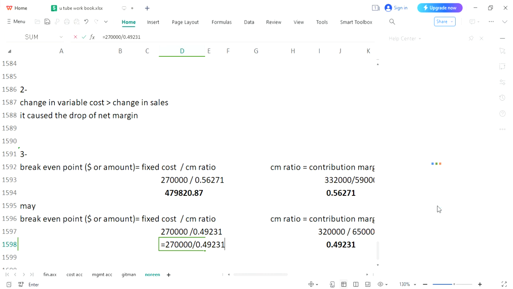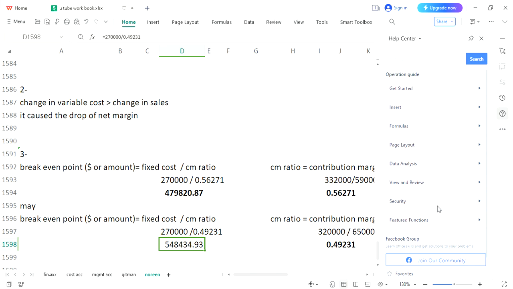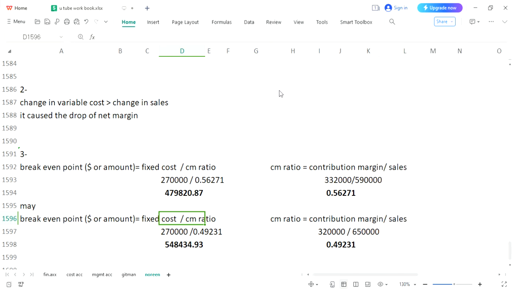So here you can see, as we predicted, the break-even point for the month of May would definitely be different and increased because the number of units in May was increased. You can perform this without any calculation by looking only at the number of units. As you have seen, in the month of May the number of units changed from a smaller amount to a larger amount.